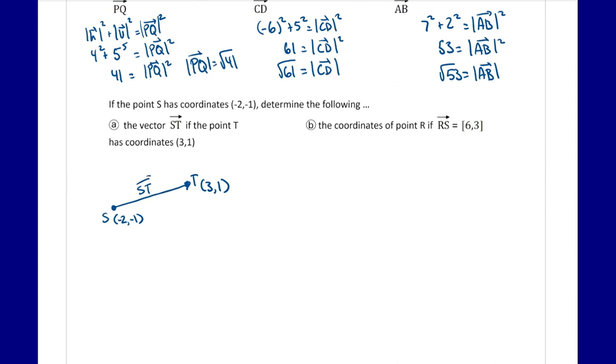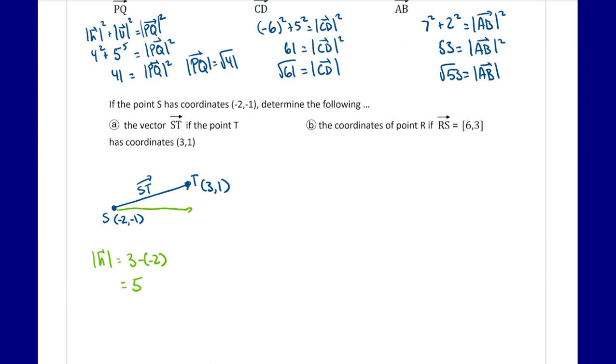ST. So in order to do that, I could go through and do the magnitude, but I don't have a direction. But what I can do is use the component notation for it and figure out what is the horizontal and what is the vertical. Well, the horizontal is coming across. So if I go from -2 to 3, or I can do 3 minus -2 to figure out the difference, which is 5.